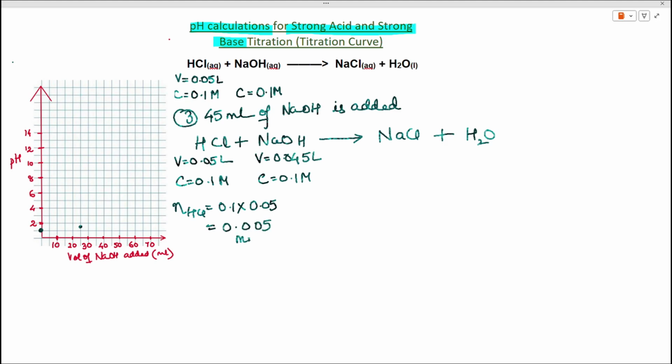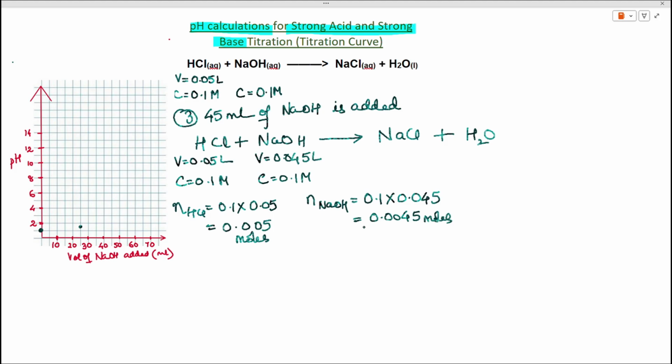0.005 moles. And now we are going to calculate the number of moles of NaOH. So the number of moles of NaOH is equal to the concentration, which is 0.1 molar, multiplied by volume, which is 0.045 liters. So our number of moles of NaOH are 0.0045 moles.